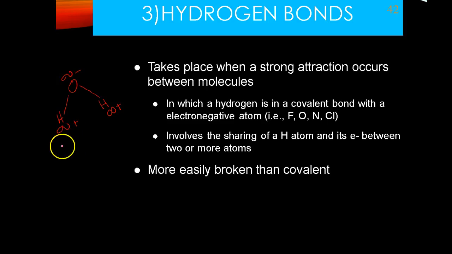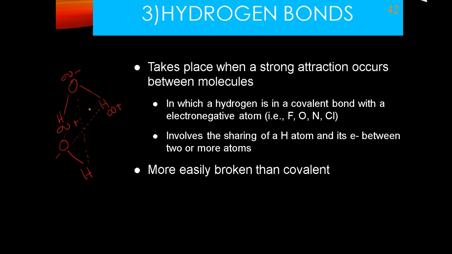If we had another water molecule, and I drew that closer than I really wanted to, we know that this hydrogen is going to hydrogen bond there, and this oxygen can hydrogen bond to that hydrogen, okay?